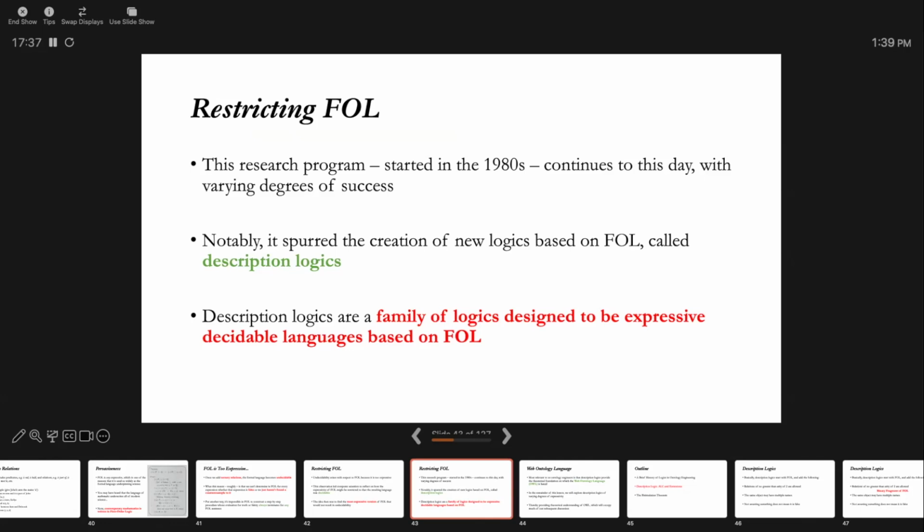Now, description logic is, as I said, a family of logics designed to be expressive, decidable languages based on first order logic, so that we can put them into our computing environments and trust that they will terminate with truth or falsity and not just loop forever, unless there's just a loop.